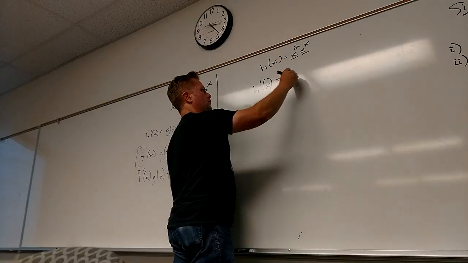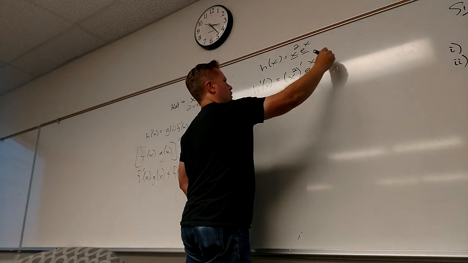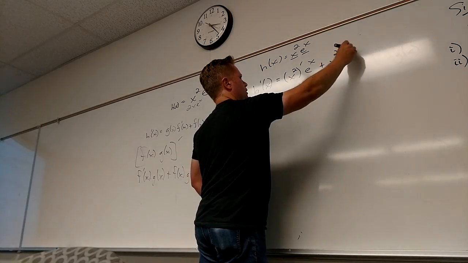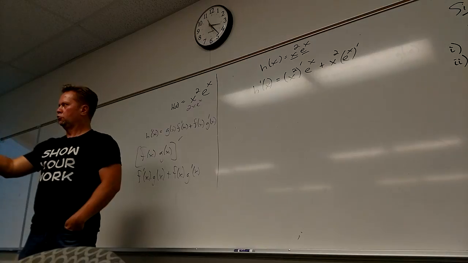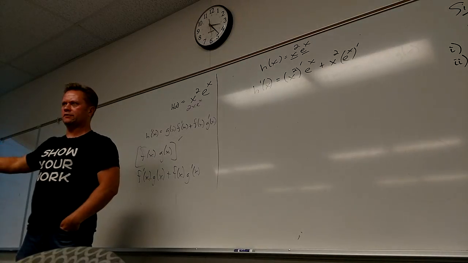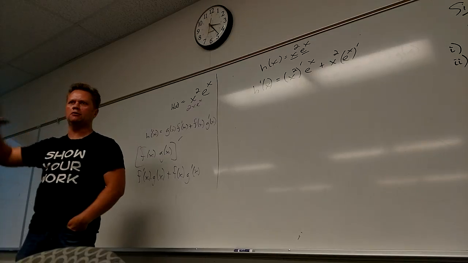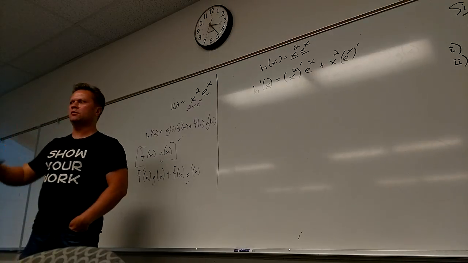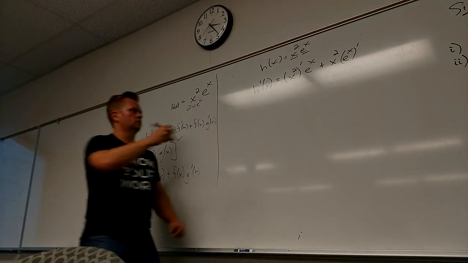The rule is the first guy gets a derivative and the second guy stays the same. And then the first guy stays the same and the second guy gets a derivative. I wrote the rule, now I'm going to do the derivatives. If you try to do all of that at once, very often something gets forgotten or done wrong. You try to have too much in your head. Don't do that to yourself. It's already hard enough on its own.